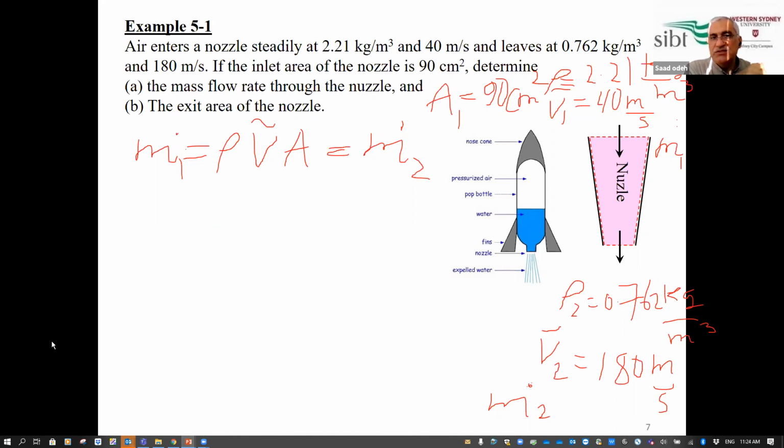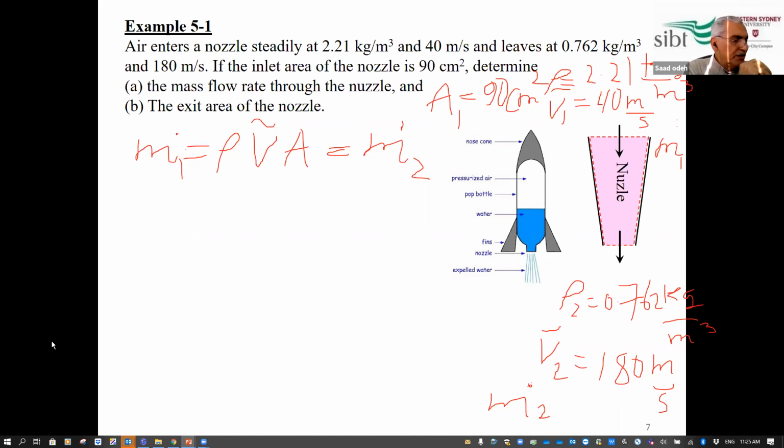So if the density changes, the volume flow rate will also change. Okay, so just remember this. Mass flow rate is the same for gas or liquid in the system, but for volume flow rate, you need to check if it's a gas. If the area is different, then definitely the volume flow rate will be different.